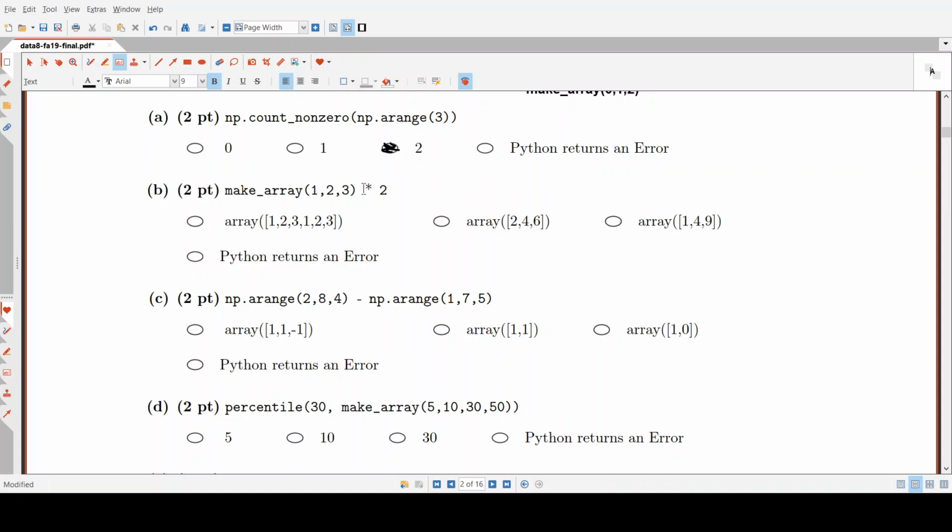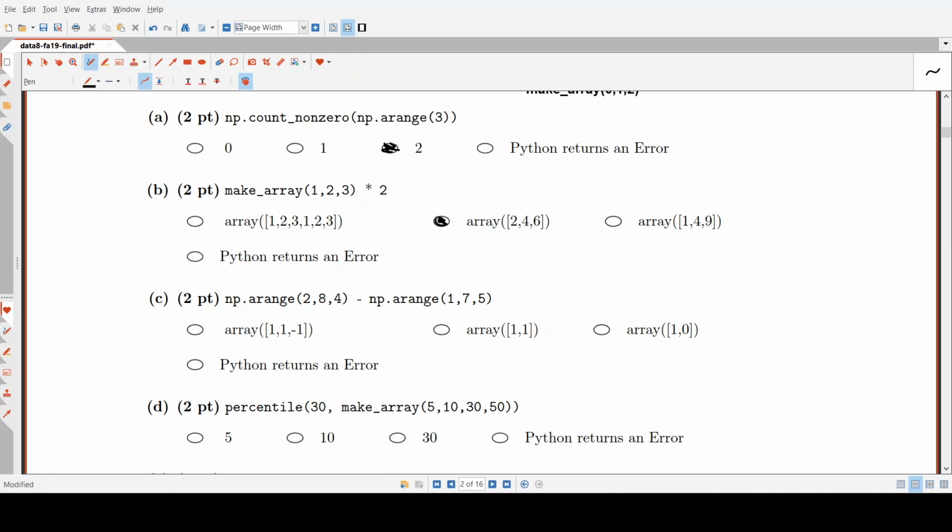What that means is that if we add, subtract, multiply, or divide an array by a number, each element in the array will have that operation done to it. So make_array of 1, 2, and 3 times 2 means that each element in our array will be multiplied by 2. So 1 times 2 we have 2, 2 times 2 we have 4, and then 3 times 2 we have 6. So it's going to be an array with 2, 4, and 6, which is this answer right here.